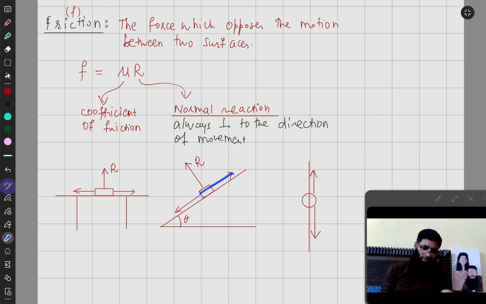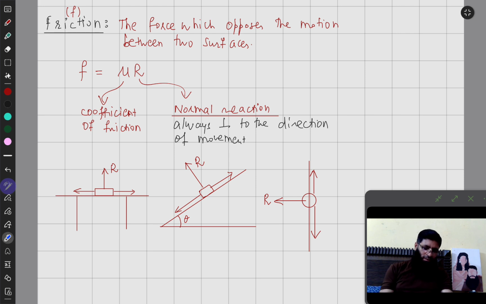You can see that this is the direction of movement of the particle, and this direction is perpendicular to it. Similarly, in this case, the ring is moving vertically, so the direction of R will become like this. So this thing is very, very important, that you need to see which will be the direction of normal reaction.